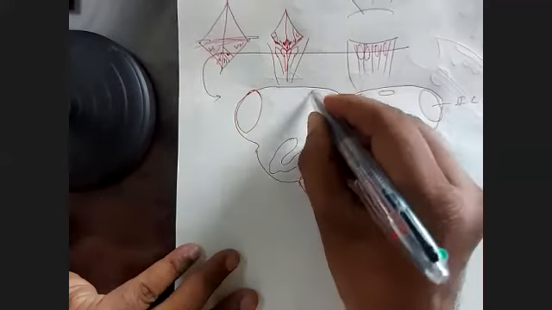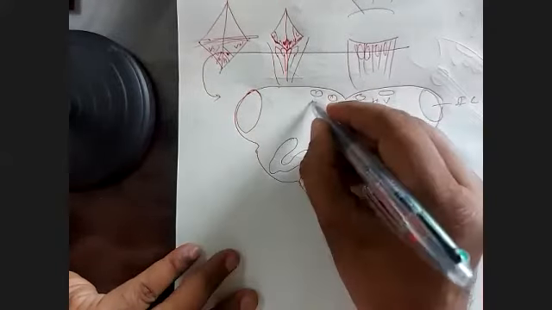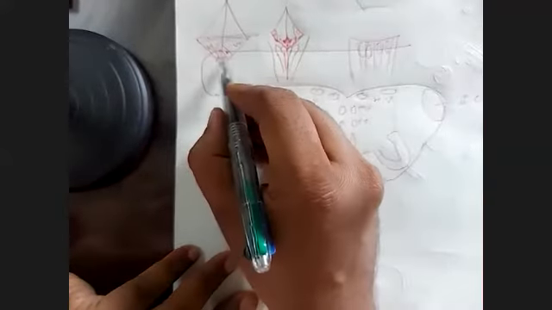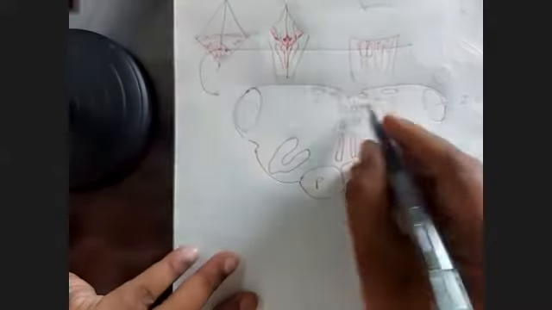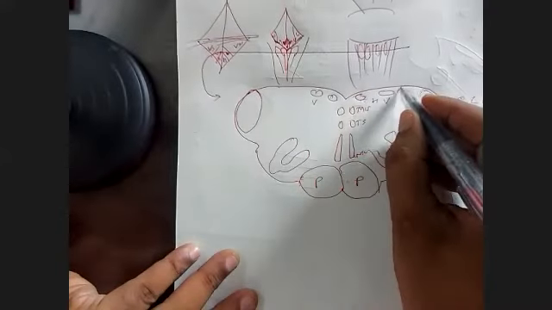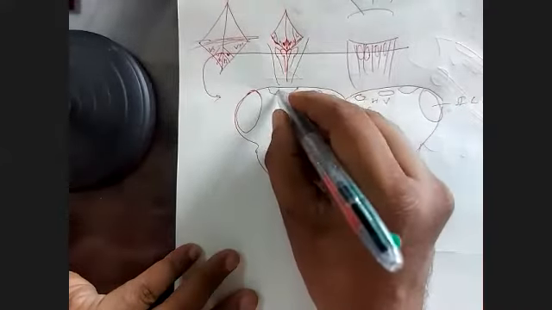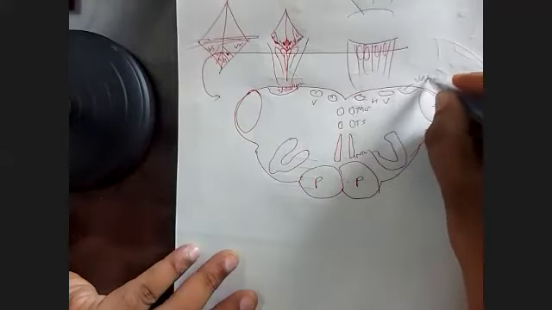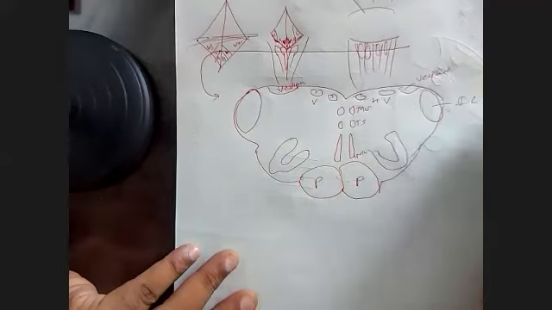Then we see the vagal nucleus, and then the vestibular: hypoglossal, vagal, vestibular. So this is vestibular.